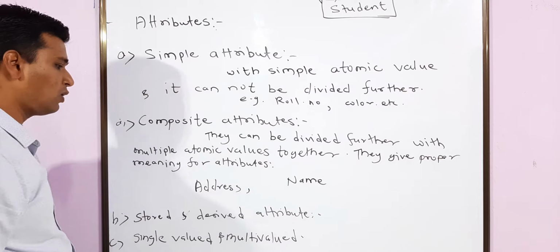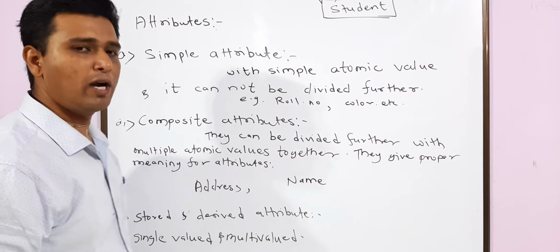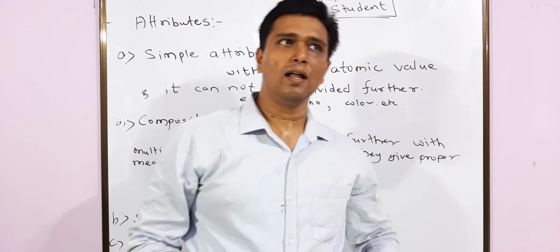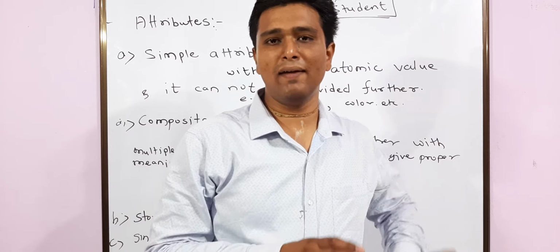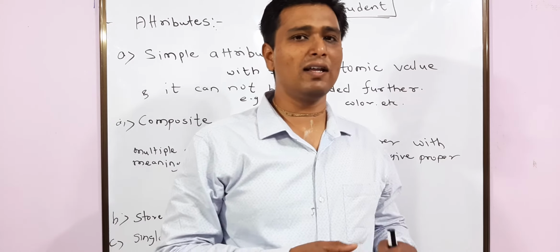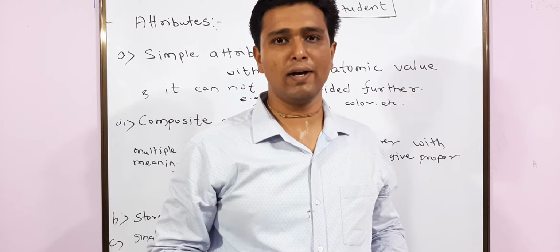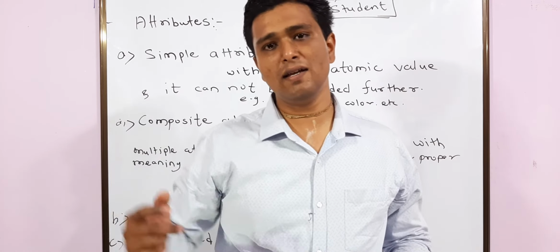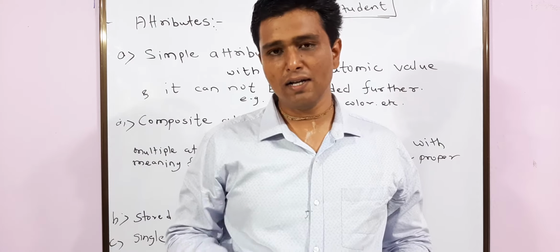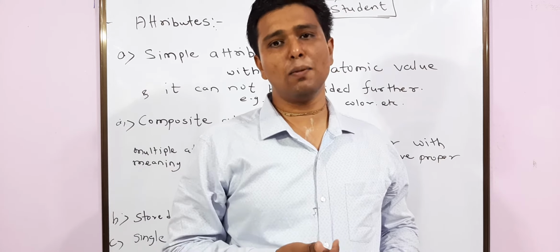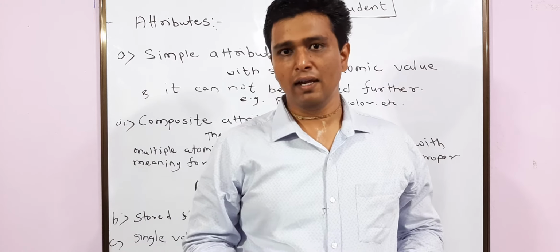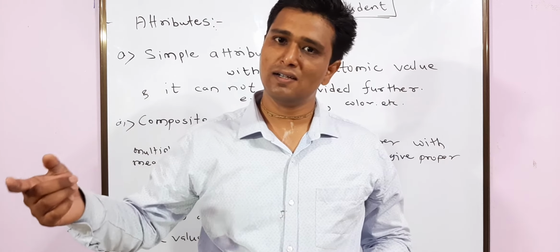And then we have stored and derived attributes. What is a stored attribute? Understand, if I want to take the age of any candidate applying for a post, and I directly take age, let's say he will enter 28 or 27, but next year his age is going to change. So it is not permanent, it is not constant. But if I take the date of birth of that student, then at any time I can calculate age.